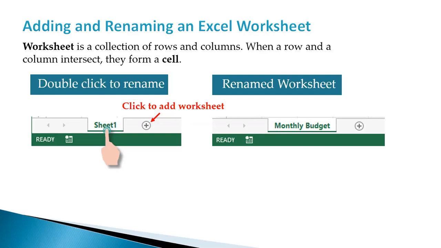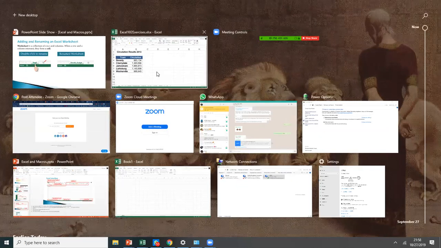Somebody cannot know what the content of sheet 1 is. Maybe it's the expenditure for January. You would need to rename it as expenditure for January, or budget for February, or something like that. So to give your worksheets a meaningful name, you'll need to rename them. And for you to rename it, you simply double click on your sheet, as we're going to see, and then you rename it using a more appropriate name, as you could demonstrate.